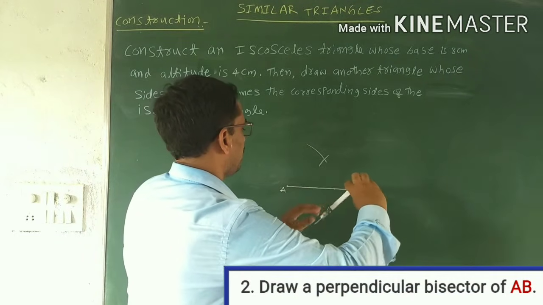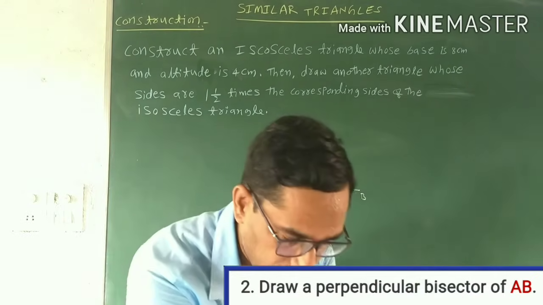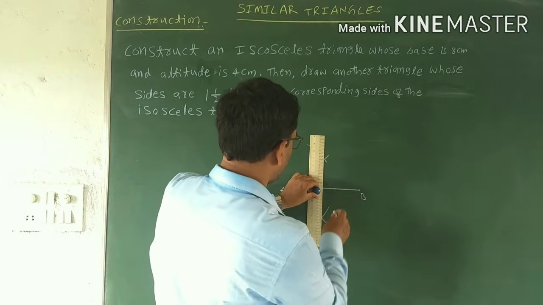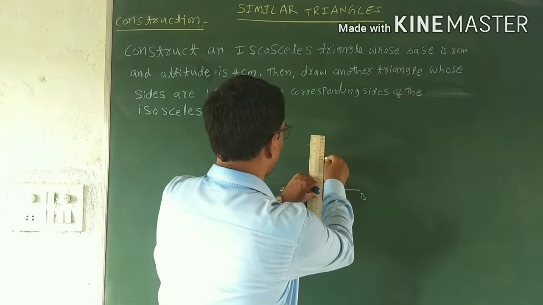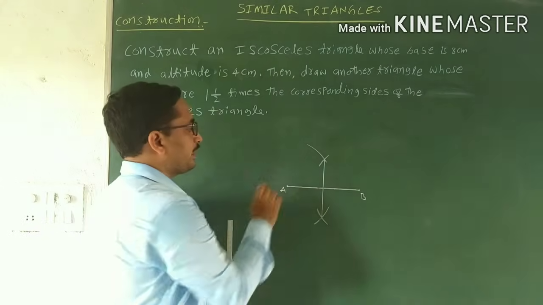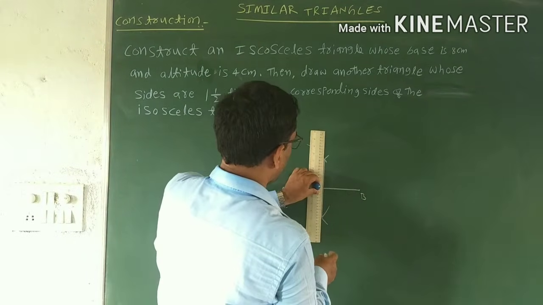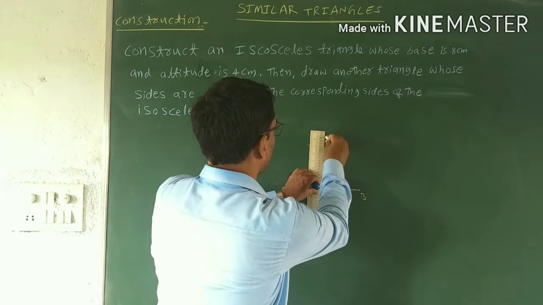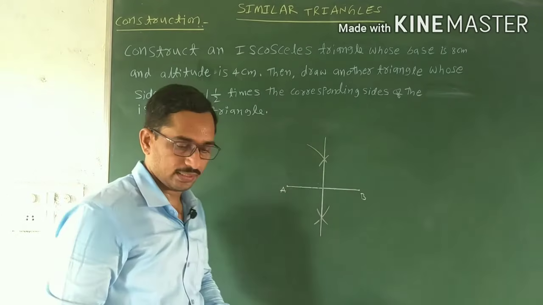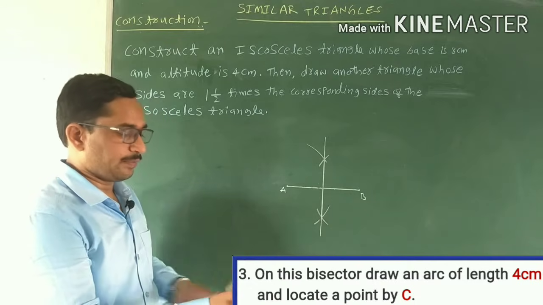Join the point of intersection of these two arcs, which is the perpendicular bisector of the line segment AB. We can also extend this, like this.